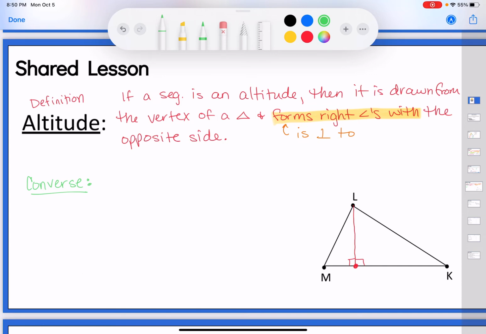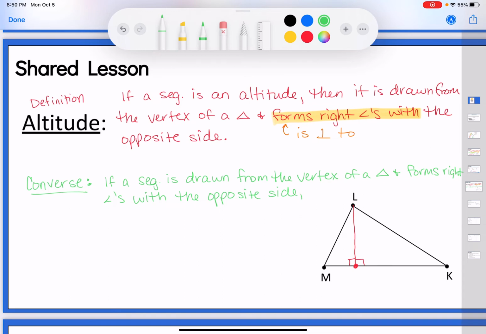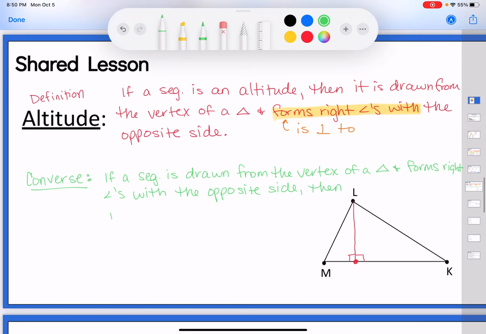So the converse would say, if a segment is drawn from the vertex of a triangle and forms right angles with the opposite side, then it is an altitude.